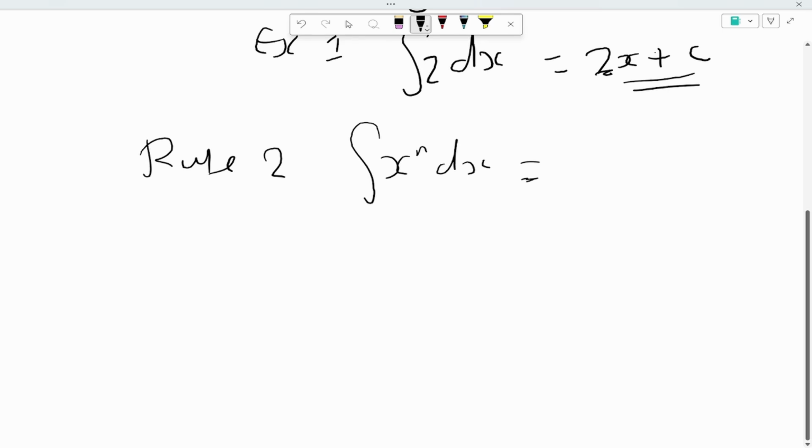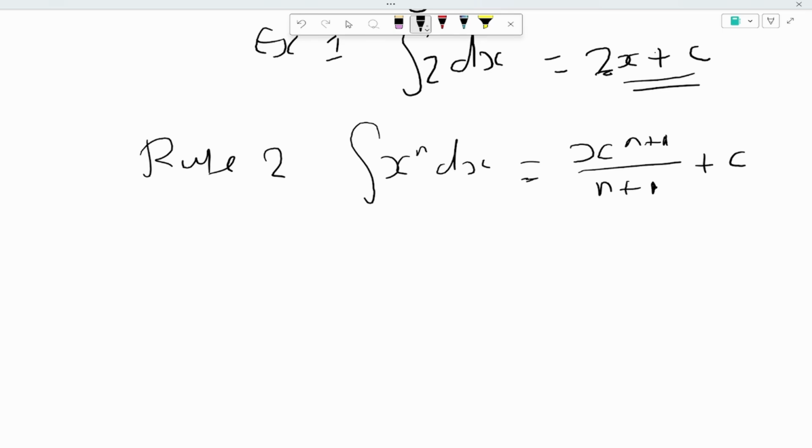What happens is that this x will increase in power: n will increase in power, you add 1 to it, all over that same increased power, which becomes the denominator for the function and divides the coefficient of this variable that may come. Then you introduce your c. Now this is the general rule.